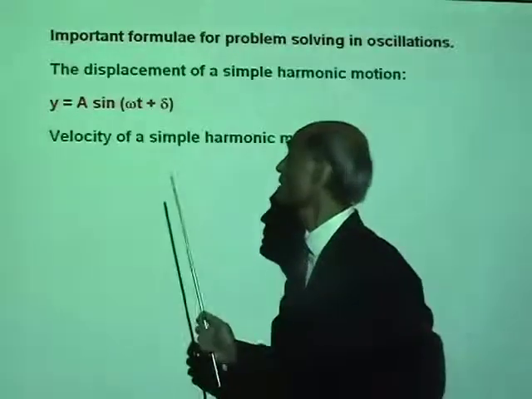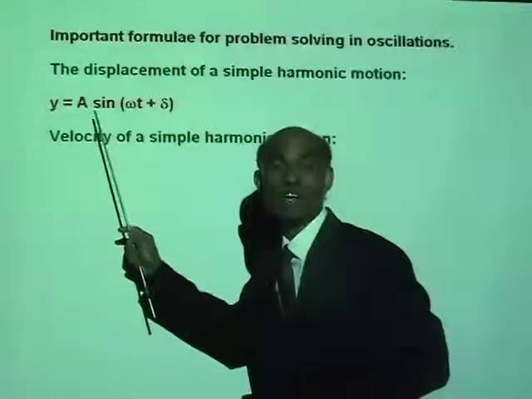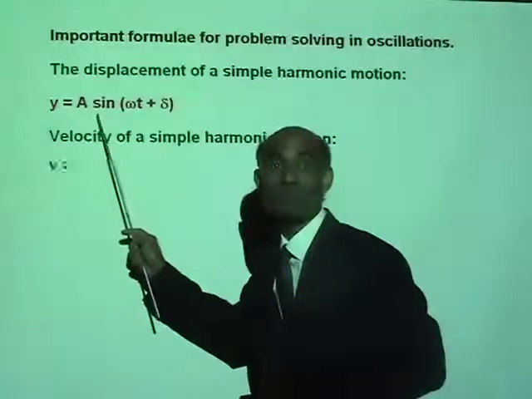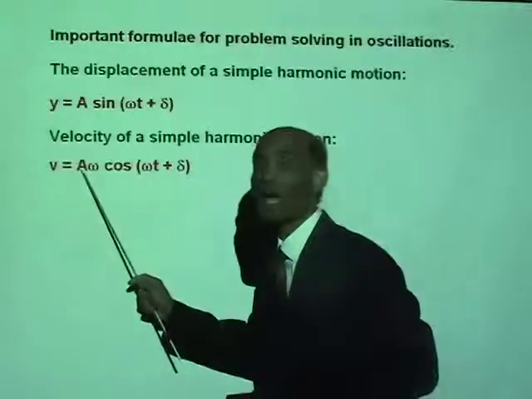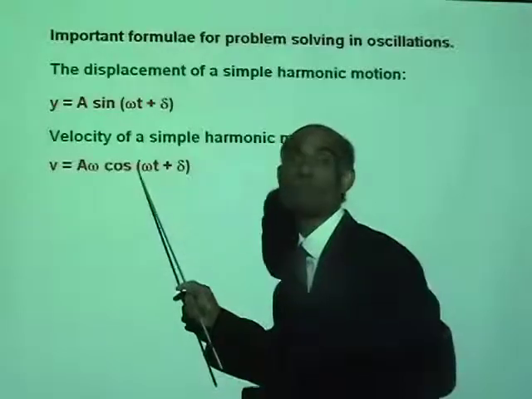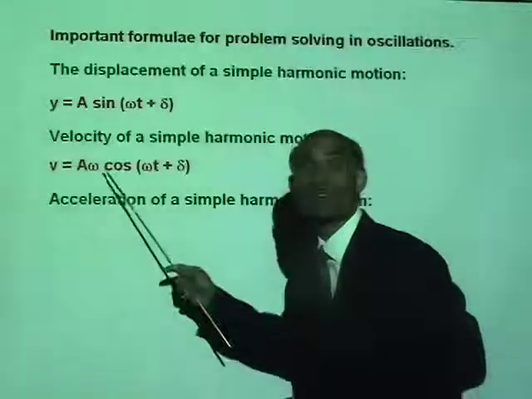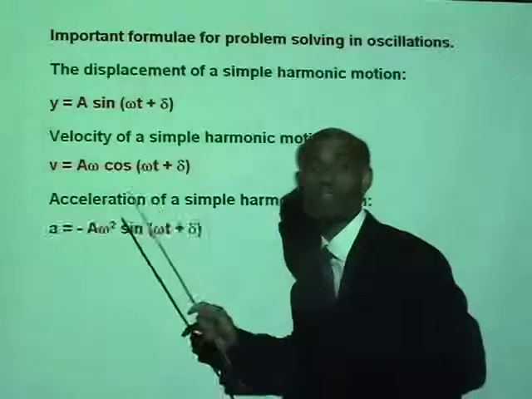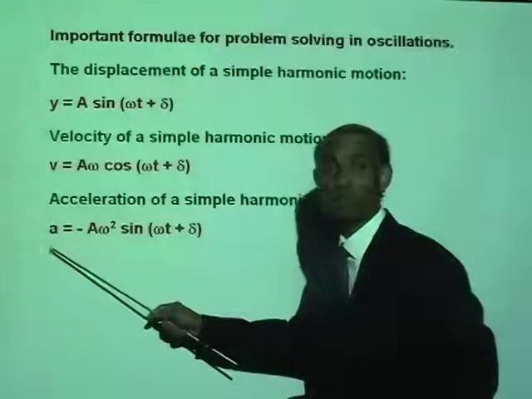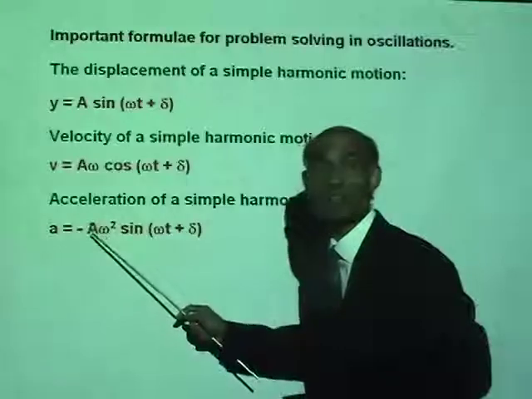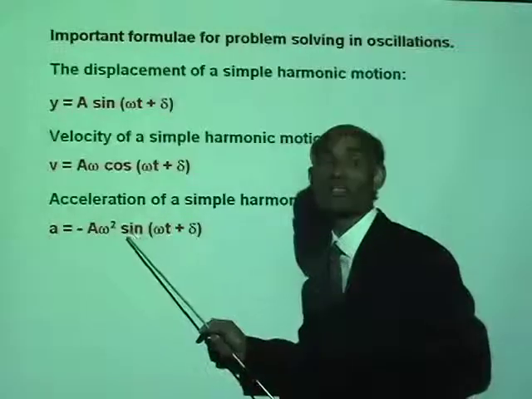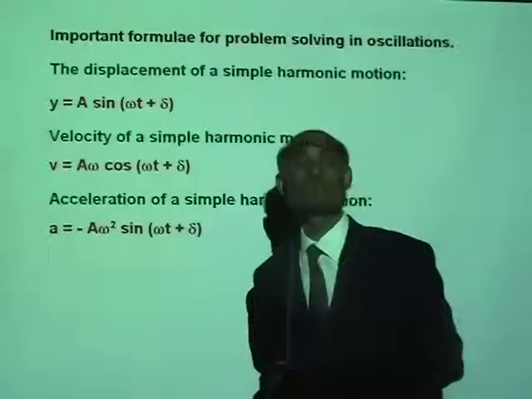The velocity of a simple harmonic motion, the derivative of the displacement, is given by A omega cos(omega t plus delta). Acceleration is the derivative of the velocity, given by negative A omega squared sine(omega t plus delta).